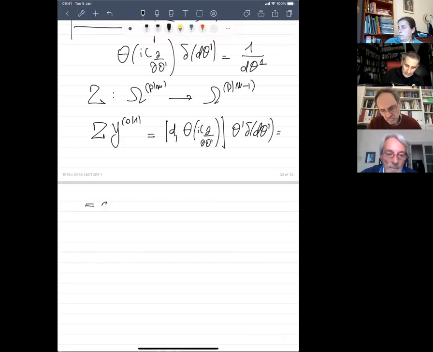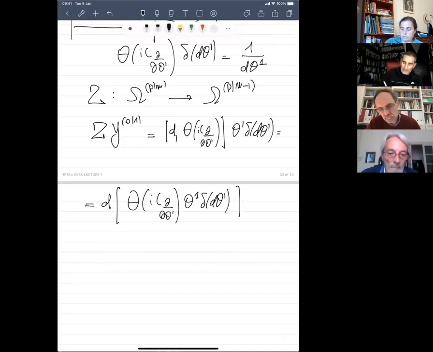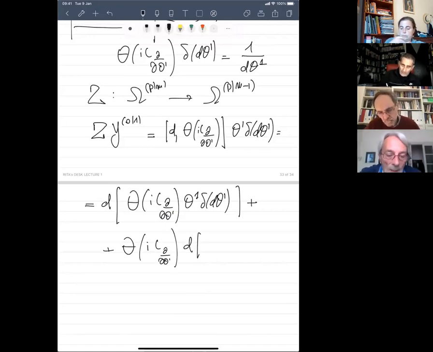I have d acting on θ of I, the contraction along ∂/∂θ^1, δ(dθ^1). That's the first term. The second term, I put a plus because this is an anti-commutator, not really a commutator. But anyway, I have θ, and then I have I of δ. So this is the contraction along the vector field. And then I have d acting on δ(dθ^1).